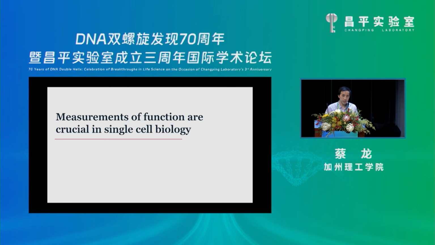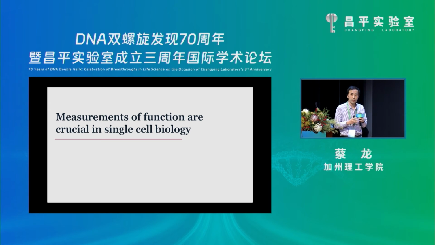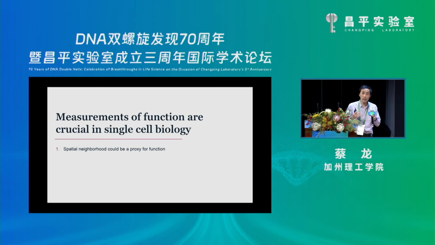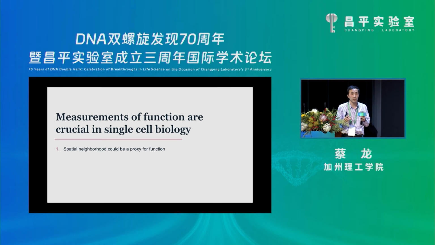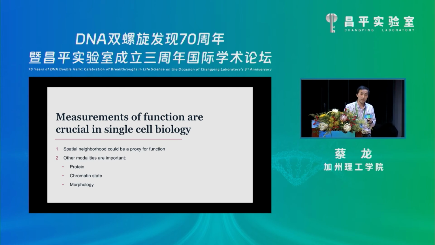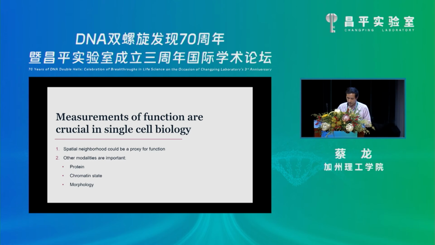Okay, so I think the take-home message for this part is that we really need to have functional measurements beyond just RNA data. Spatial is a way to get us that fundamental function information. But other modalities are very important, looking at epigenetics, looking at protein states, and so on.